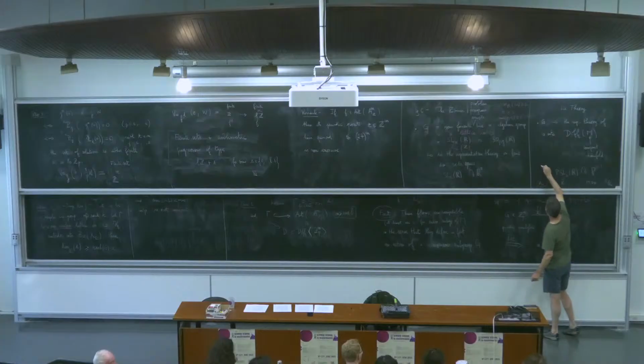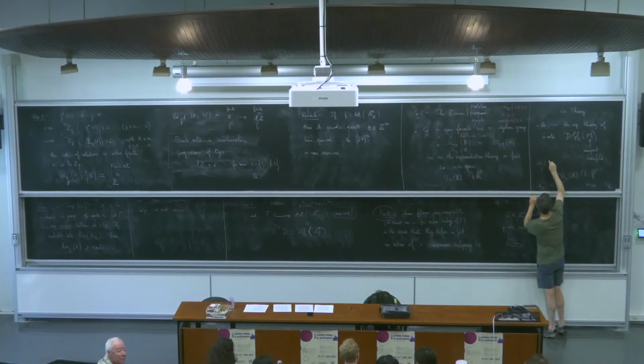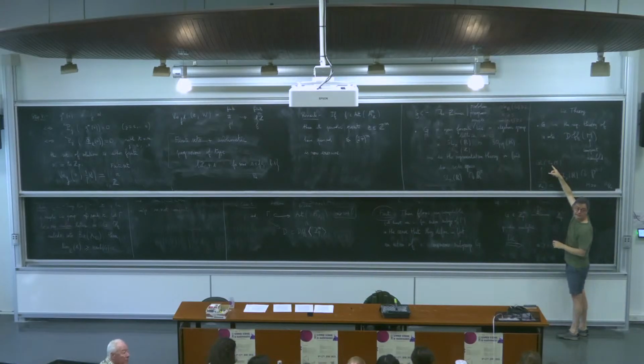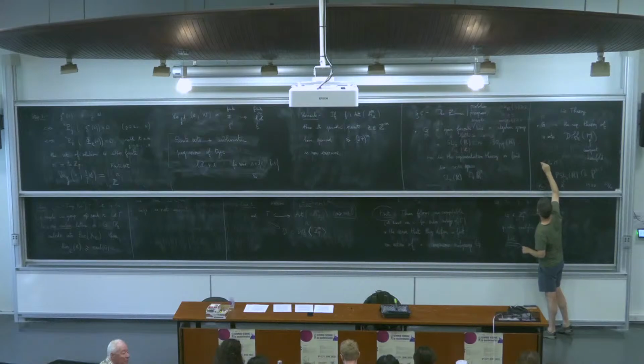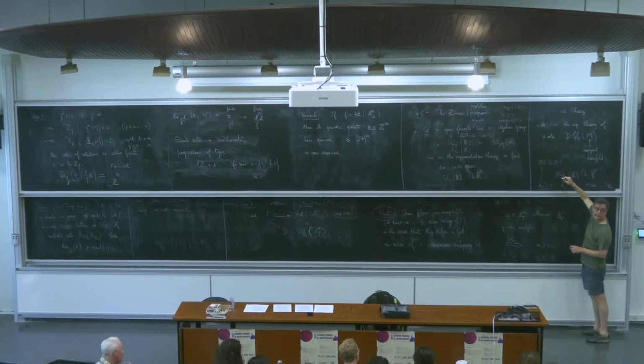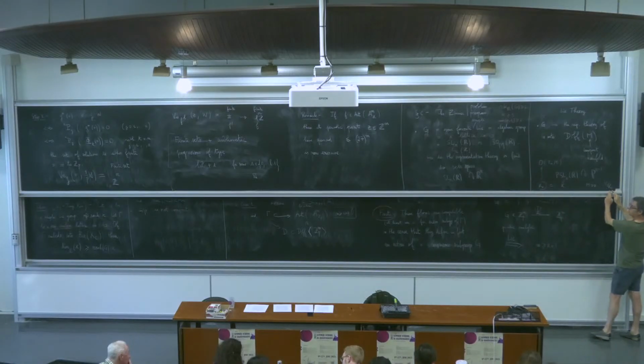So I have a map to GL of the tangent space of M at X. This has dimension the dimension of M, and you preserve a Riemannian metric, so you are in the orthogonal group with respect to this Riemannian metric. And so the dimension of this you can also bound: it is bounded by something that depends on M. The dimension of the quotient is bounded by the same dimension.